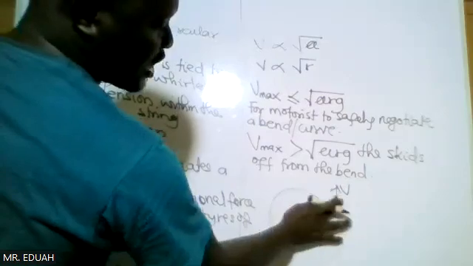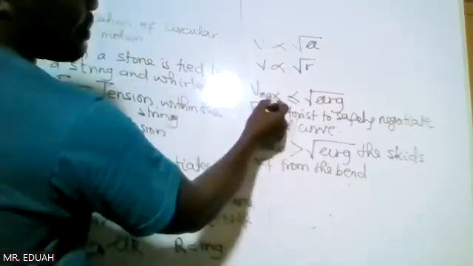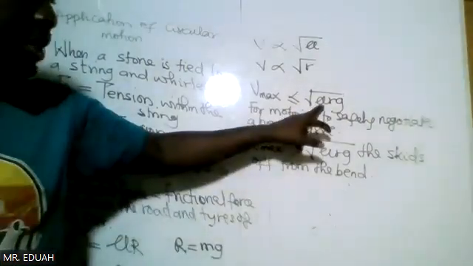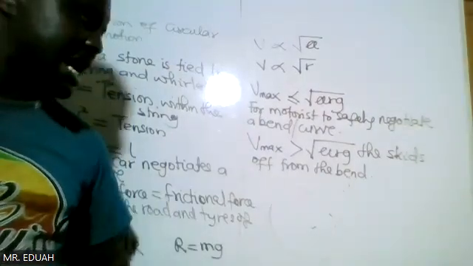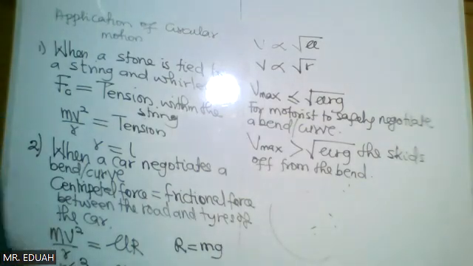So for the body to stay within the bend or circular path, the maximum speed must always be less or equal to this. If V max is greater than this, the car skids off from the bend.